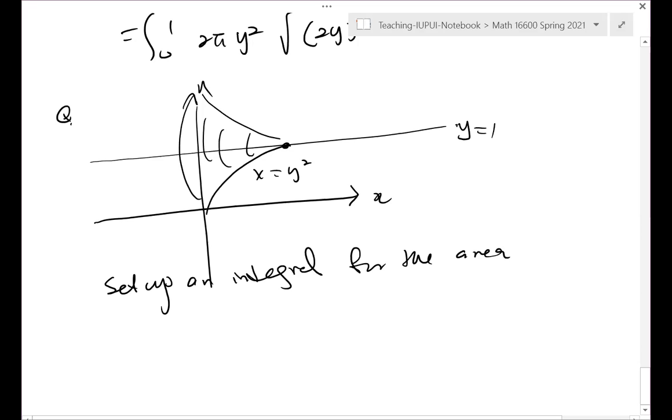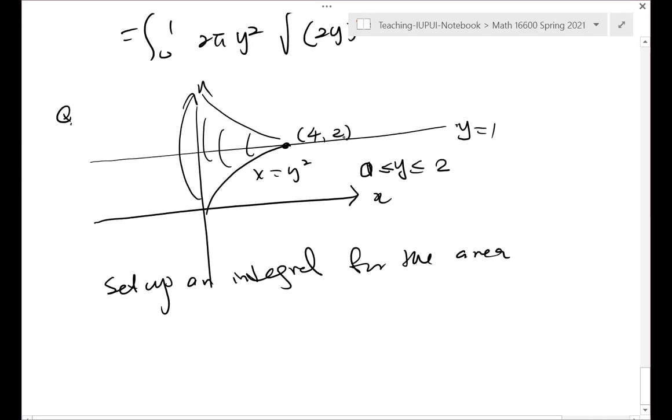set up two integrals, one with respect to the x variable and one with respect to the y variable. And this time I'm going to assume y is greater than 0 and less than 2, and I change the interval a little bit. So x will be from 0 to 4, so that point is going to be (4, 2).